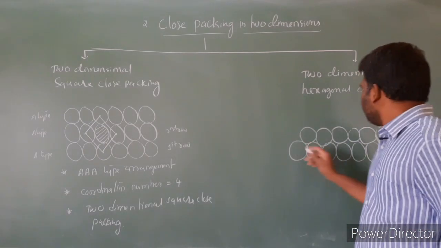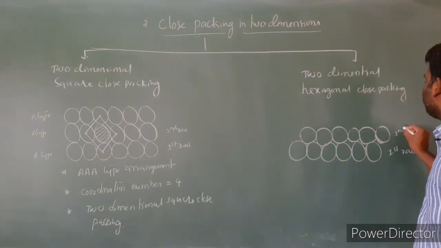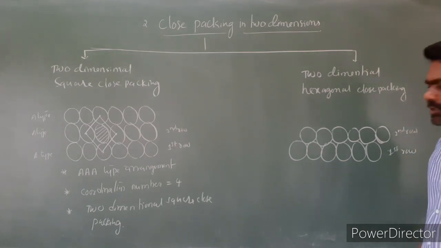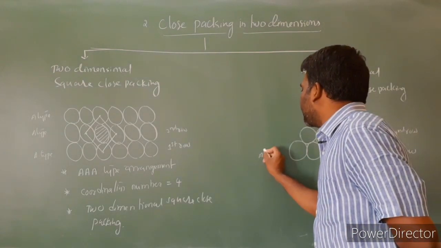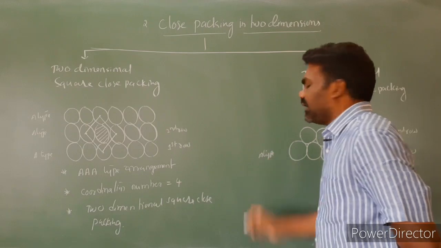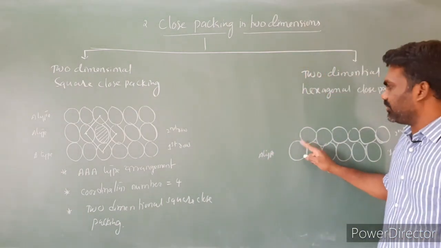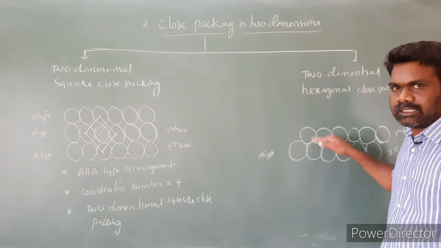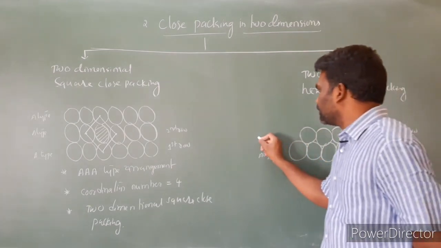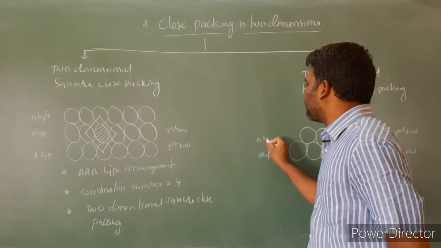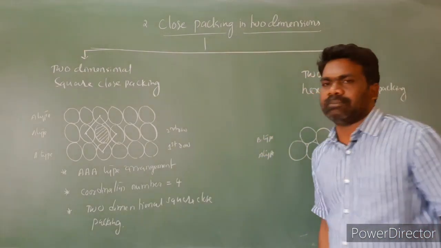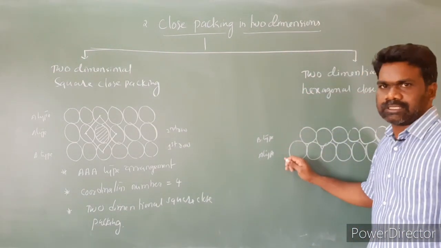This is the second row. The first I am labeling as an A type layer, A type row. These two are not exactly the same. The second row is present in the depressions of the first row, so I am calling it B type. Both are not the same.